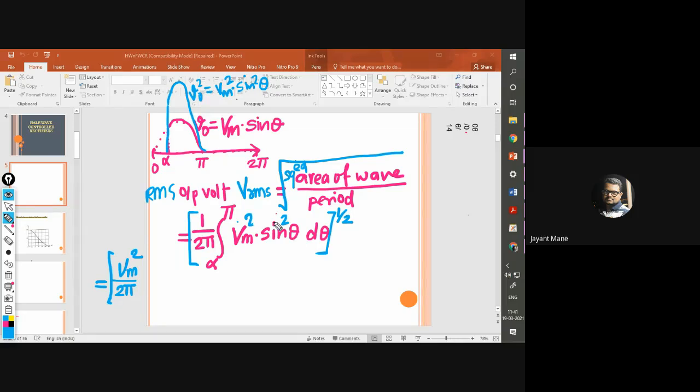Now we can't directly integrate sine square theta. Instead, we have to substitute for it. So substituting it by 1 minus cos 2 theta by 2, then we can integrate.